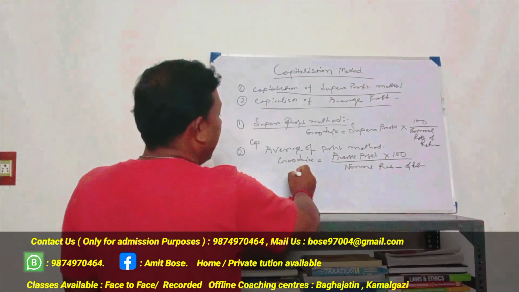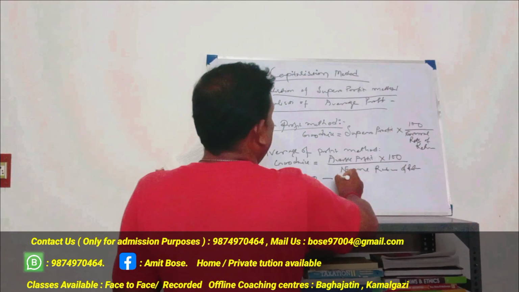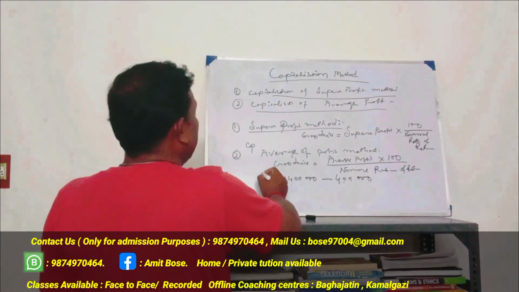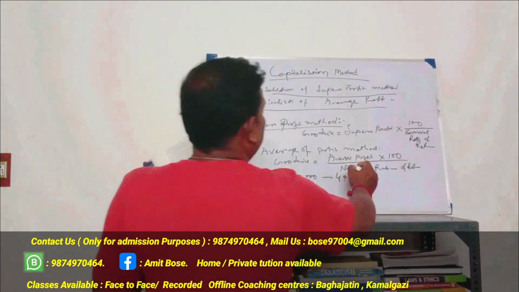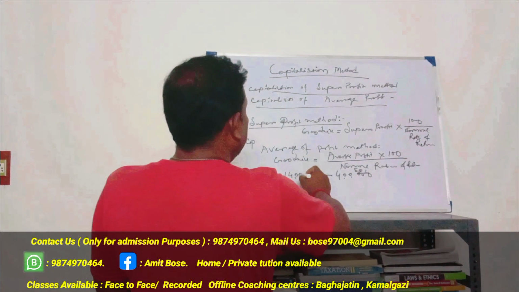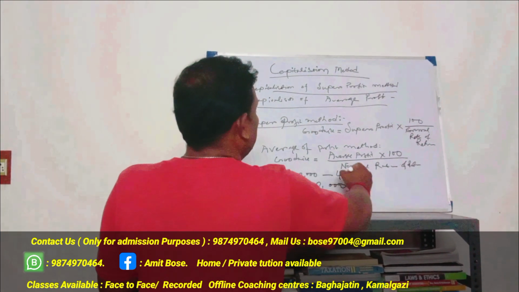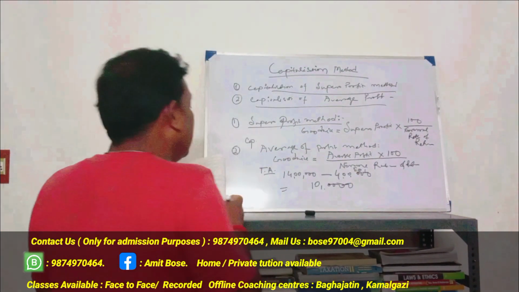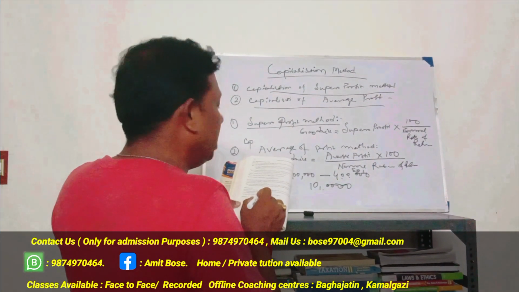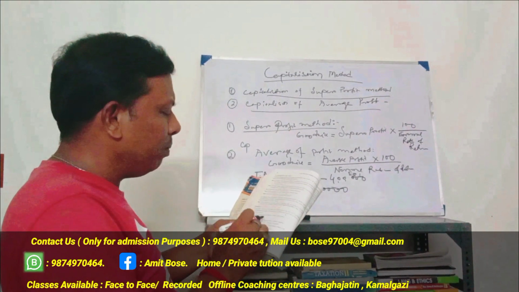So from 14 lakh you subtract 4 lakh: total asset minus external liability. 14 lakh minus 4 lakh gives 10 lakh.